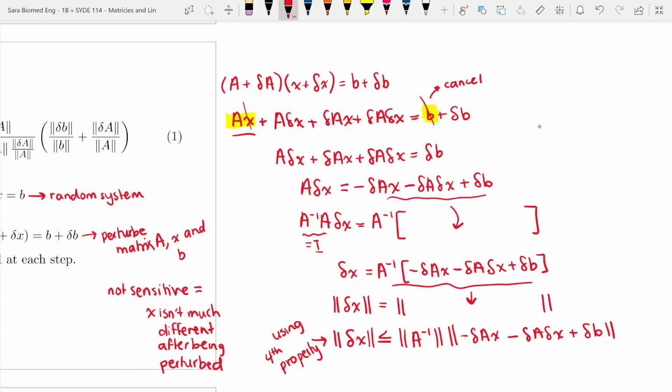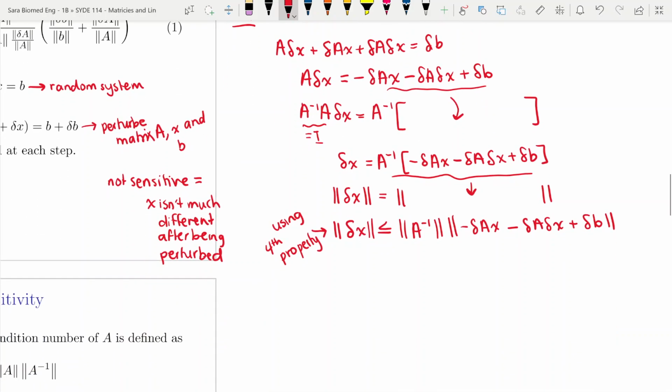Right now we have the norm of some sum. So we're going to take the sum of norms, right? And it's going to be a less or equal sign because the norm of sum is less or equal to sum of norm. So using property number 3, delta x is going to be less or equal to, here we're not going to change it. We're going to take a sum for each and every term here.